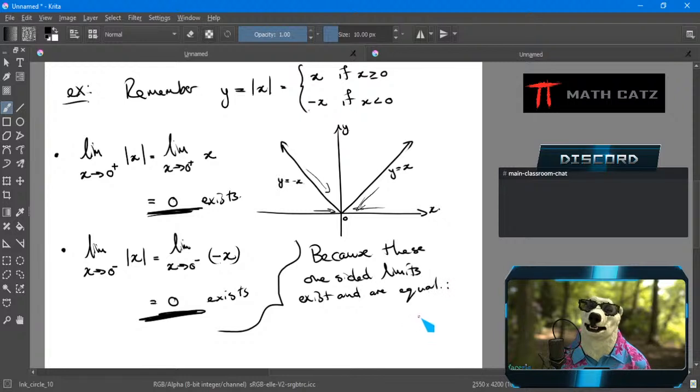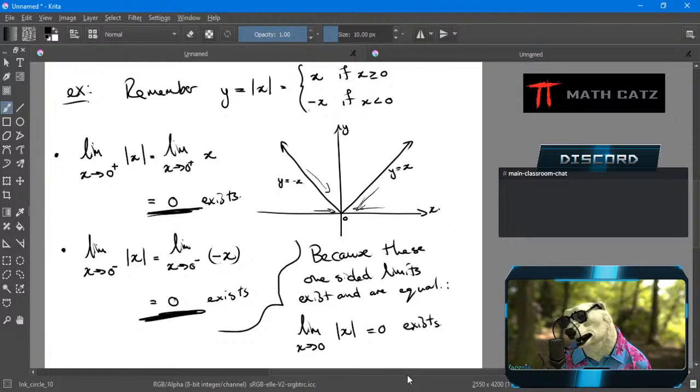That means regardless of which side I'm coming at x equal to 0, the y value is doing the same thing. We can say the two-sided limit as x approaches 0 of this function is 0 and exists.